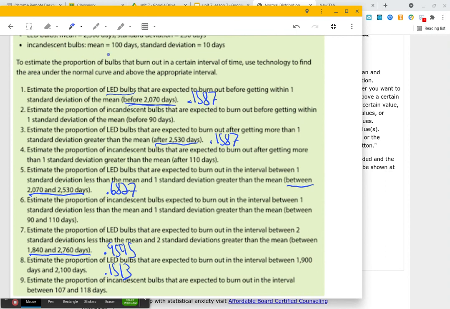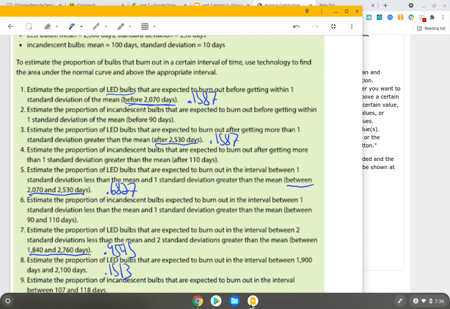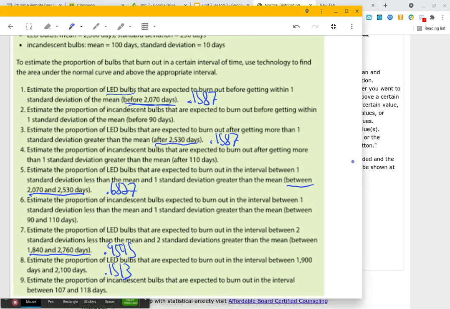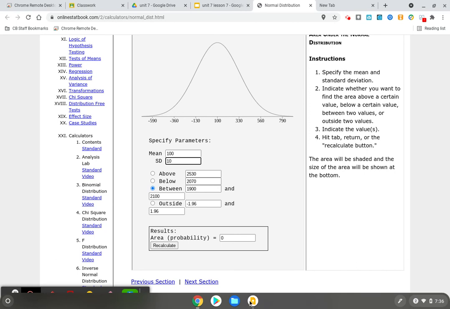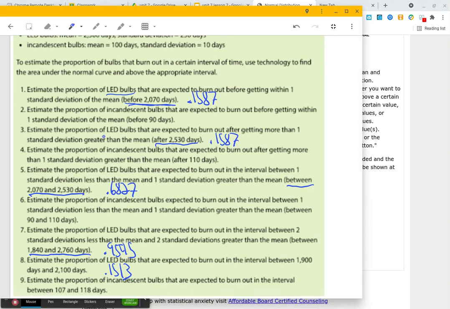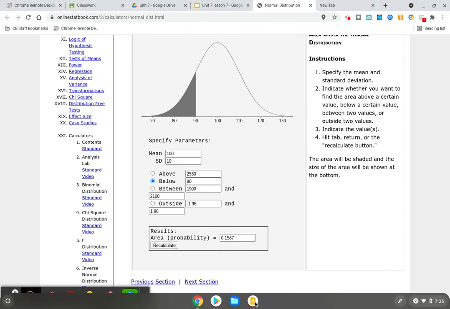So notice up here it says our mean is 100 and our standard deviation is 10. And we want to know the proportion or the probability before 90 days. So that would be below 90. And notice we get 0.1587 again.